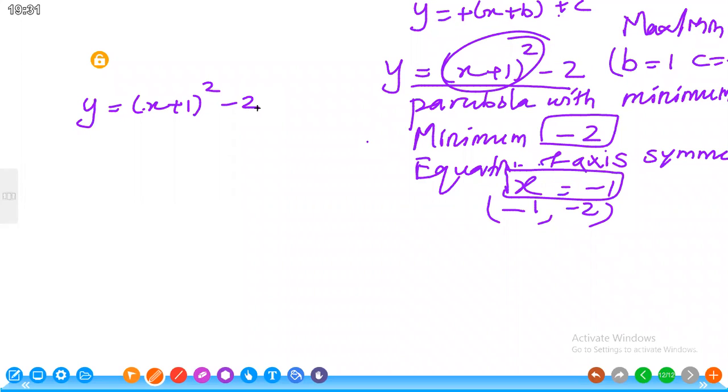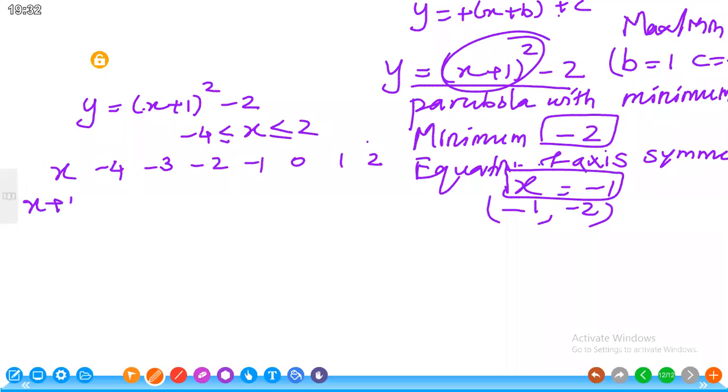First, prepare the table: x is -4, -3, -2, -1, 0, 1, 2. I prepare the table within the range of x greater than or equal to -4 and less than or equal to 2, right? Then you have to find the values of x plus 1. After that, you have to square it. So x plus 1: when x is -4, x plus 1 is -3.